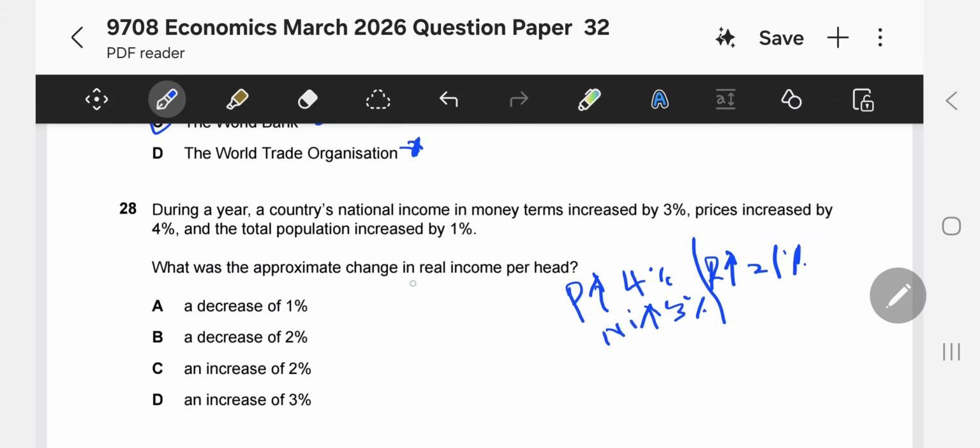What was the approximate change in income per head? Now, I think this is -1. So we take this -1 and we subtract the population increase, so this will be -2. So the correct answer here will be a decrease of 2% for question 28.